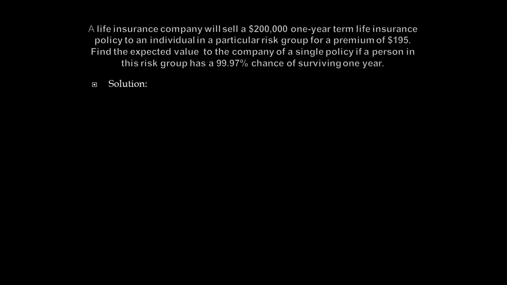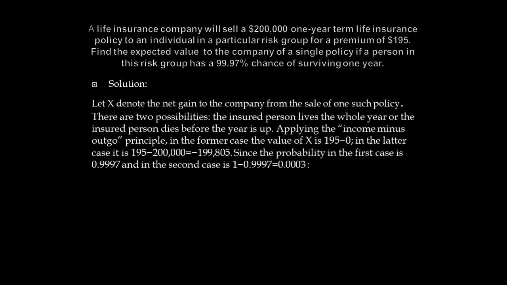Now, to proceed with the solution, let X denote the net gain to the company from the sale of one such policy. There are two possibilities. The first one is the insured person lives the whole year, or the insured person dies before the year is up.